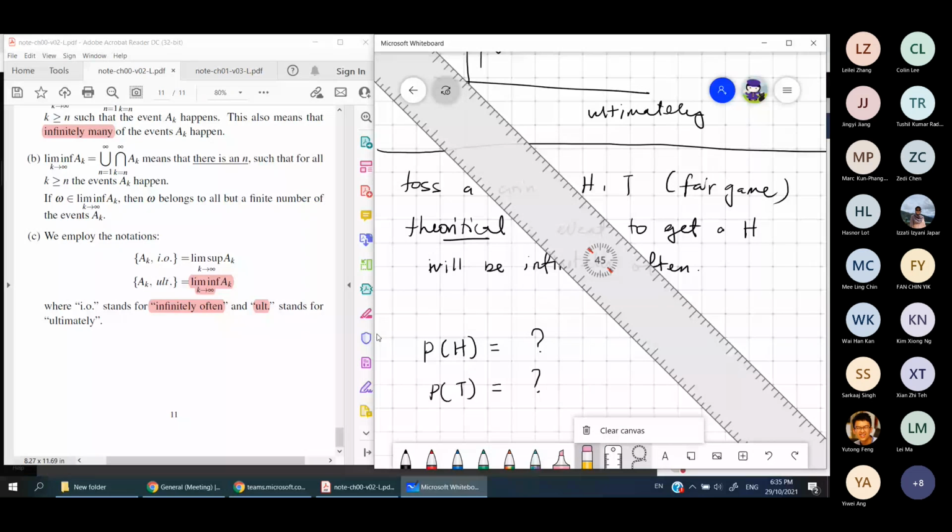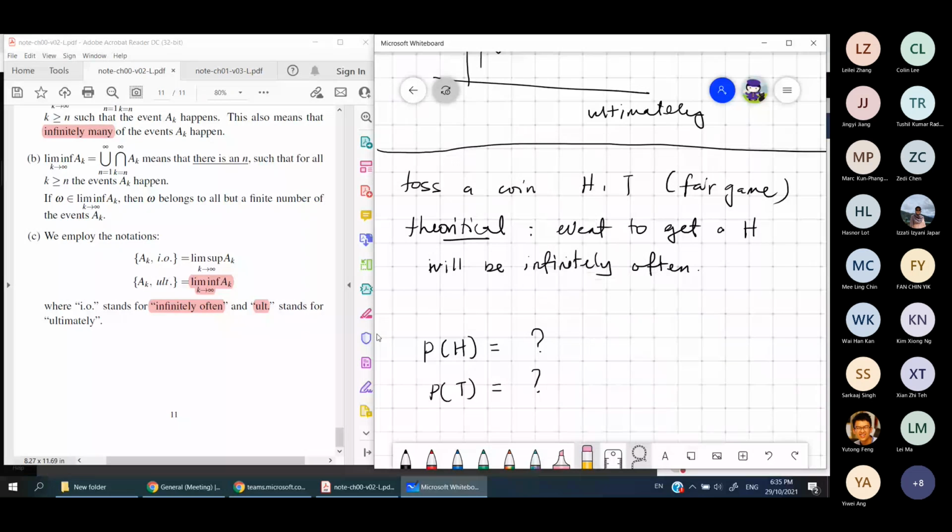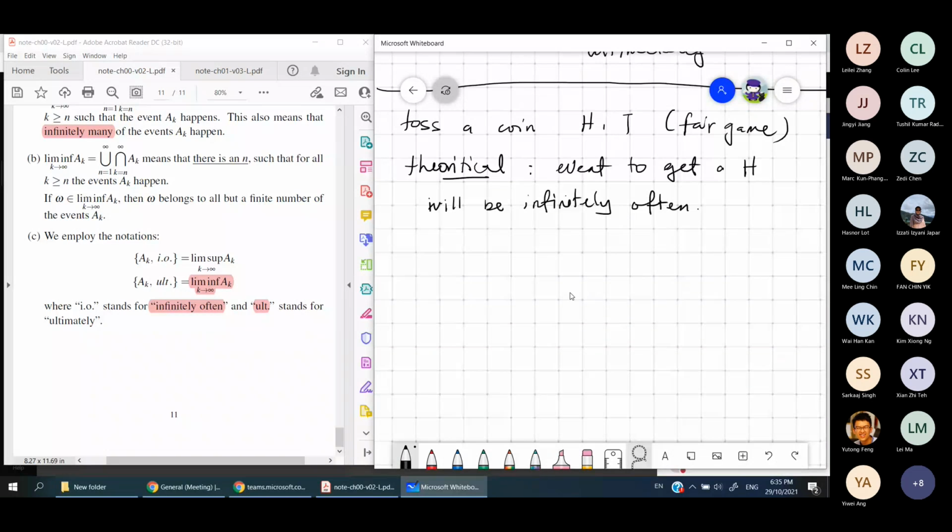So to answer your question about the strong law and weak law, it is actually to explain or to convince this phenomenon. So we come back to this again.